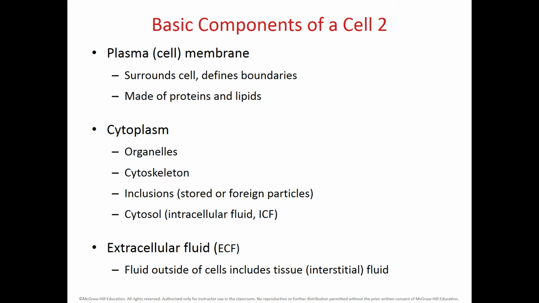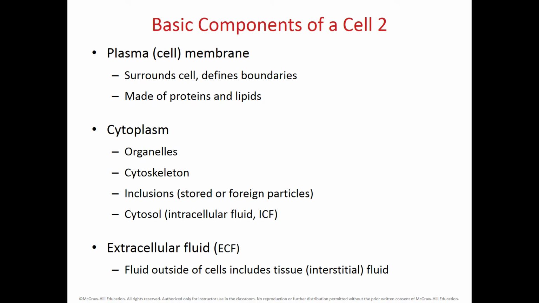Within these inclusions you can store nutrients or foreign particles or enzymes. And then you have within the cytoplasm the cytosol, which is actually the fluid portion of the cytoplasm that is also known as intracellular fluid or ICF.